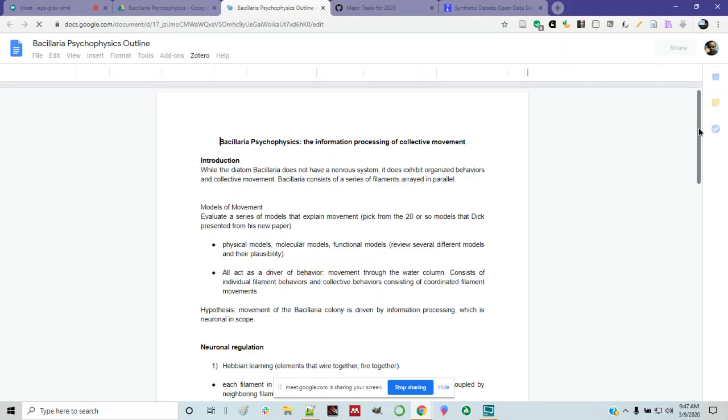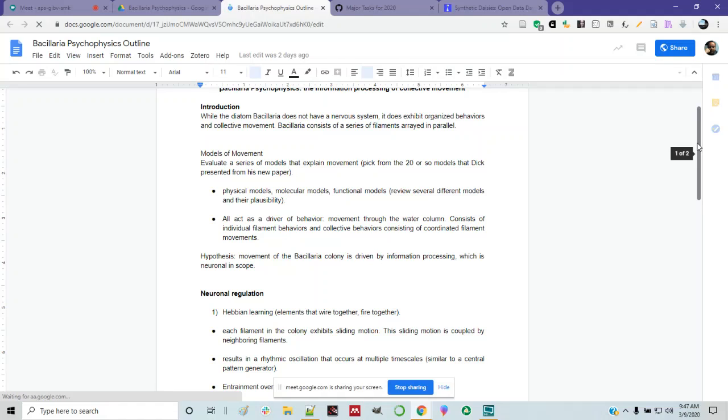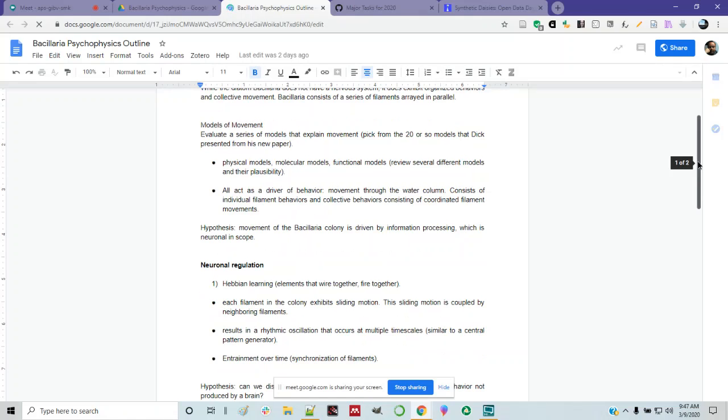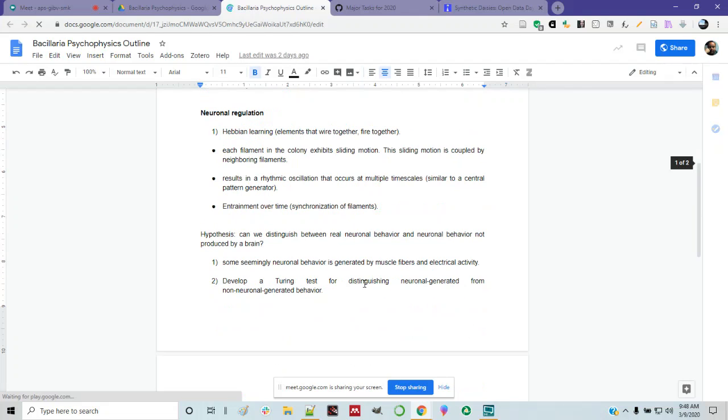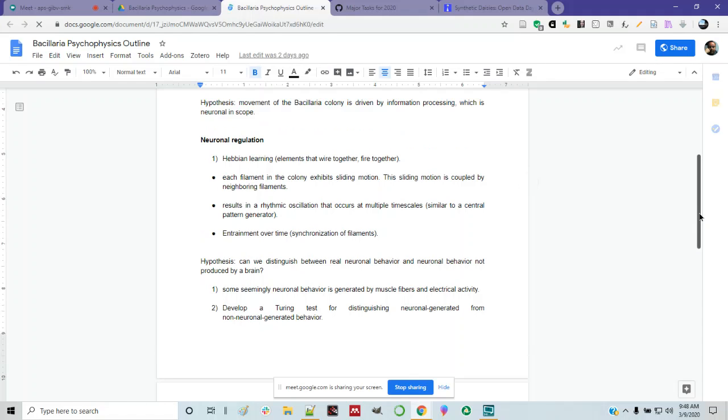I think the models of movement that we talked about and that Dick presented in an earlier meeting, maybe that's worth revisiting, in terms of the plausibility of the different models, and then talking about different types of neuronal regulation that might explain these models of movement.